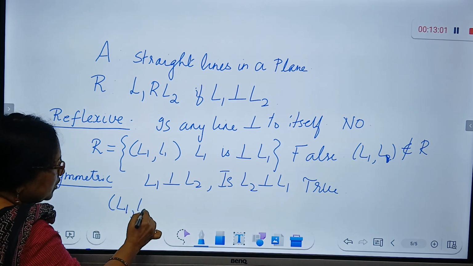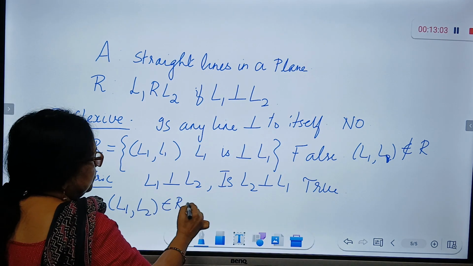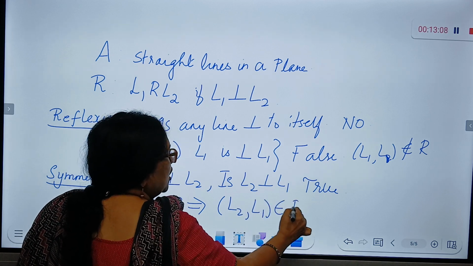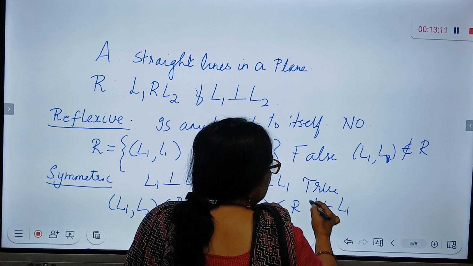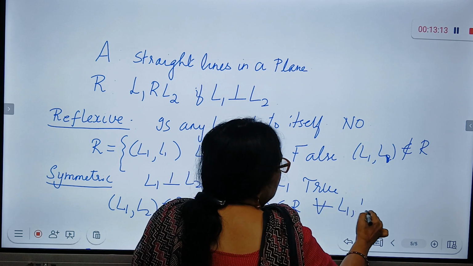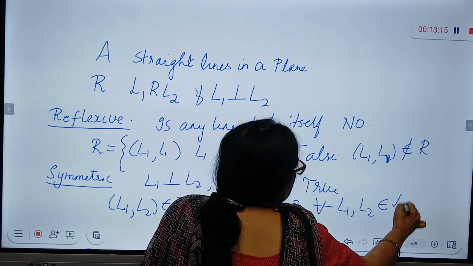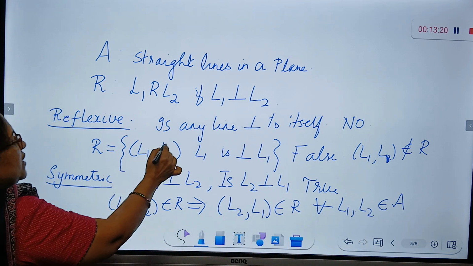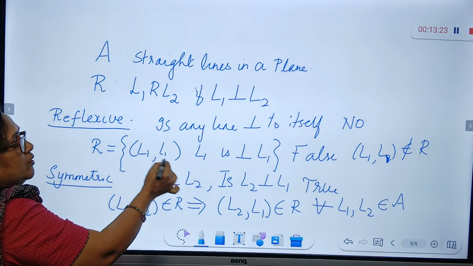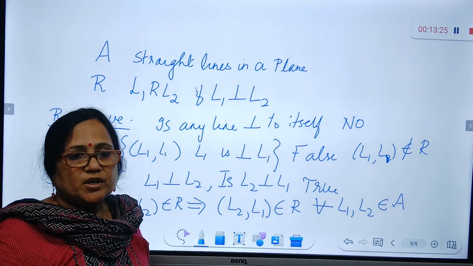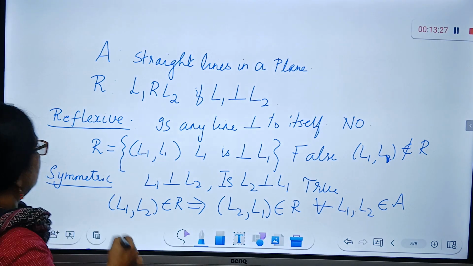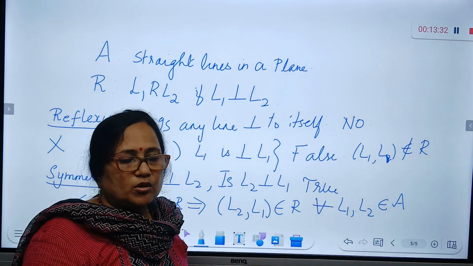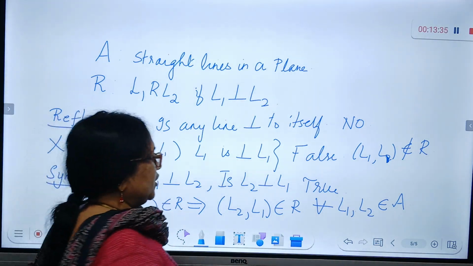If (L1, L2) belongs to R, it implies (L2, L1) also belongs to R, for all choices of L1 and L2 from the set A. You cannot have ordered pairs (L1, L1) because no line is perpendicular to itself. Therefore, it is not reflexive. However, it is symmetric.